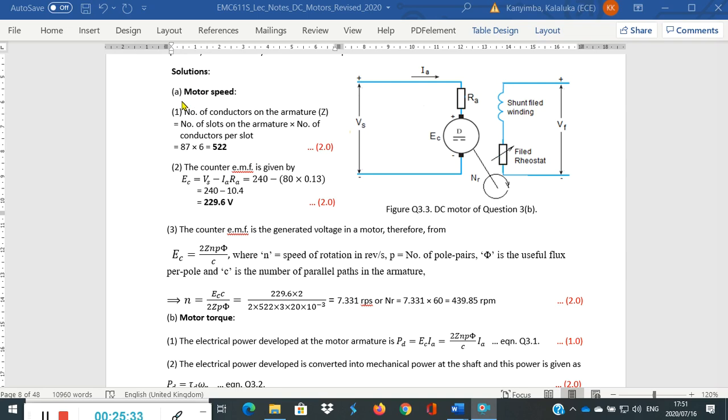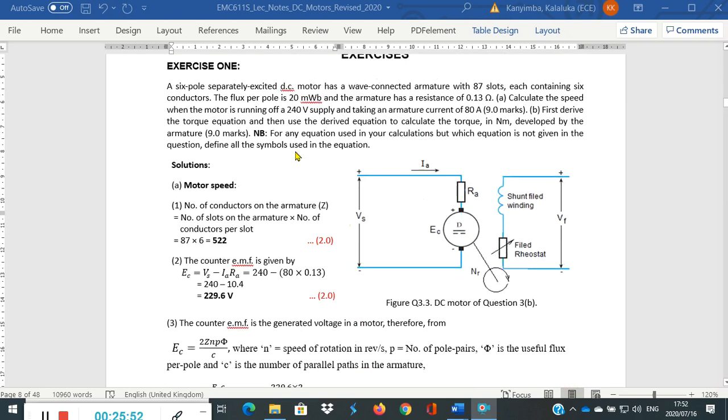Now, let's get the motor speed. Step number 1. The number of conductors on the armature, let's call it Z as usual, is equal to the number of slots on the armature times the number of conductors per slot. In the question, we are given that there are 87 slots and each contains 6 conductors.